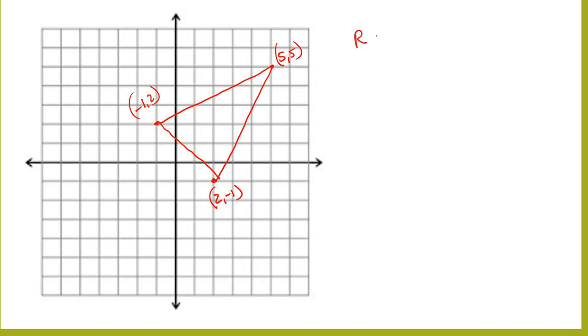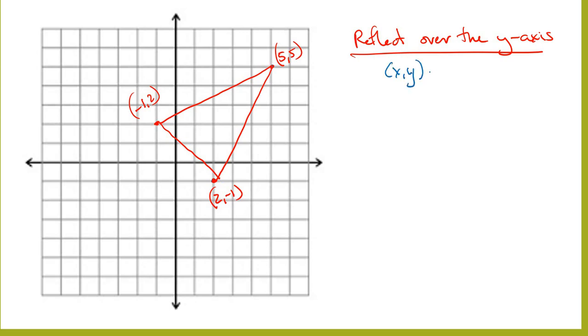Now I want to reflect this over the y-axis. Okay, so I'm going to take my blue and let's see what happens. So if I take my point 5, 5, and remember my rule was that x, y for my y-axis goes to -x, y.